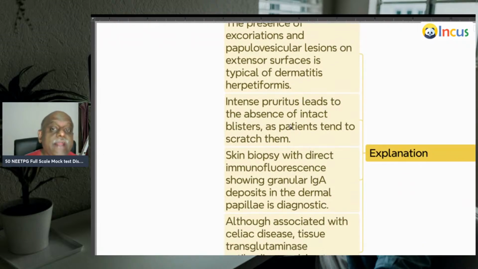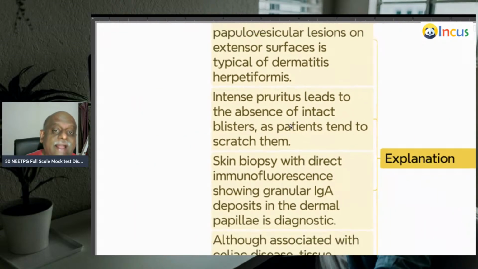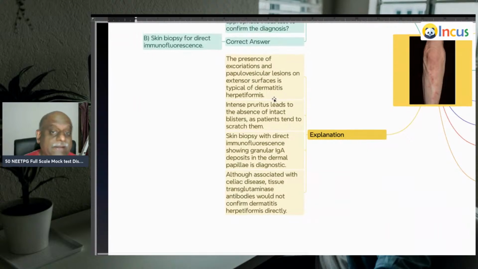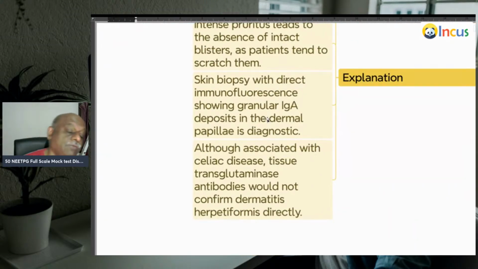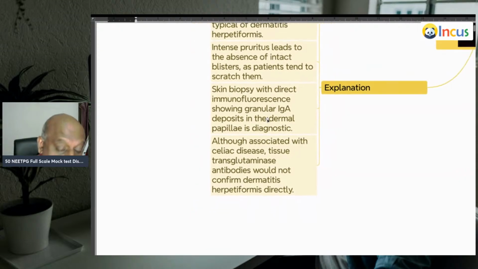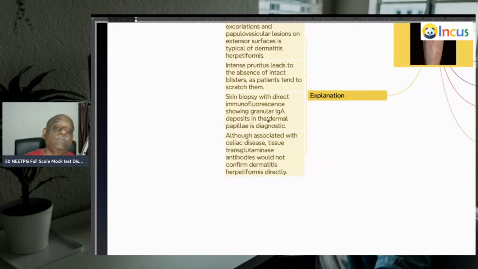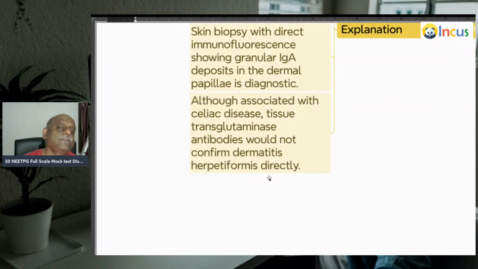Intense pruritus leads to absence of intact blisters because the patient will scratch them. The skin biopsy with direct immunofluorescence in dermatitis herpetiformis shows granular IgA deposits in the dermal papillae, which is very characteristic. Dermatitis herpetiformis and celiac disease association: don't forget, favorite question of the examiner.